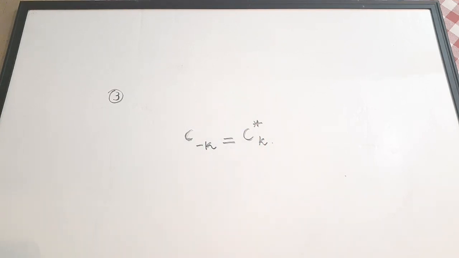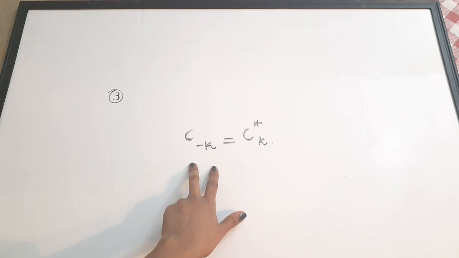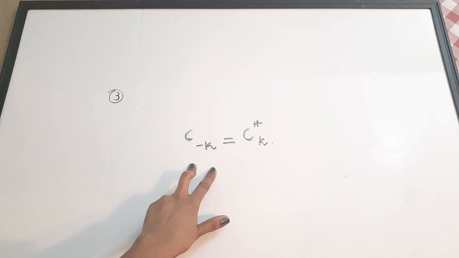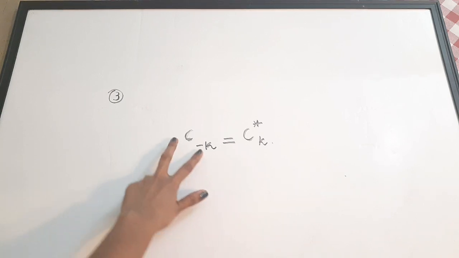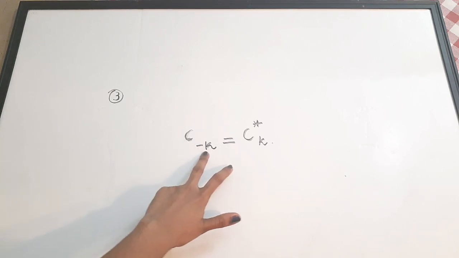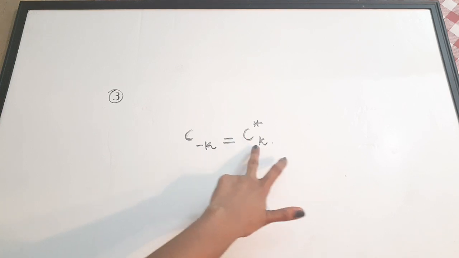It is one of the important properties of the DFT equation, which is called the complex conjugate property. And this is also applicable for Fourier series. Here you can write C of minus K is equal to C star of K.